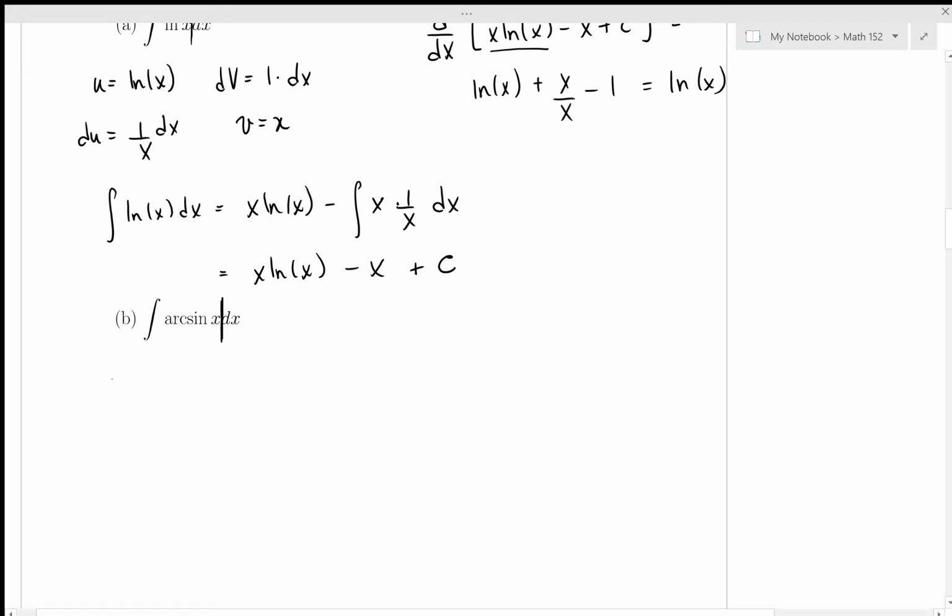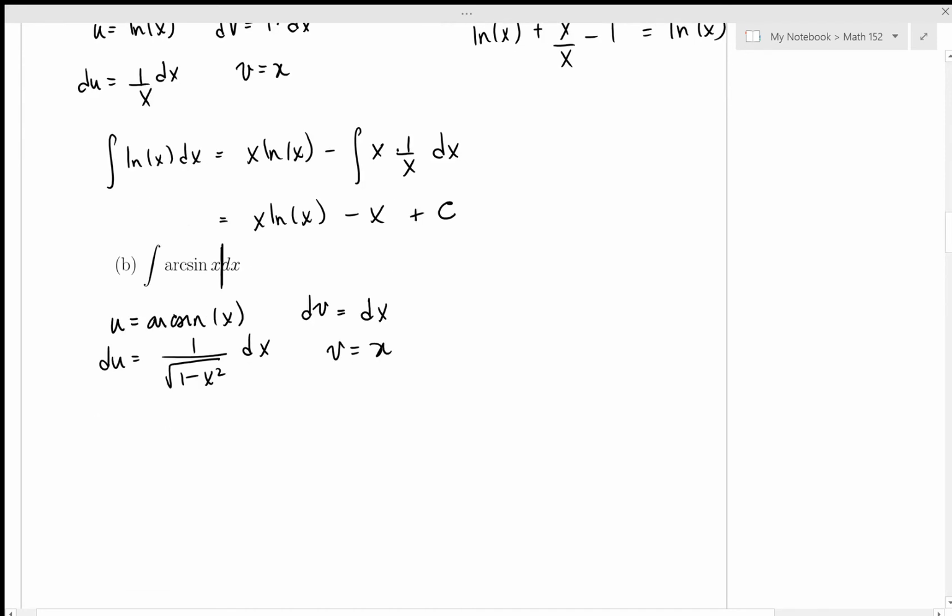So I'm going to choose u equal to arc sine of x, and then du will be 1 over the square root of 1 minus x squared dx. I will choose dv equal to dx, and then v will be x.